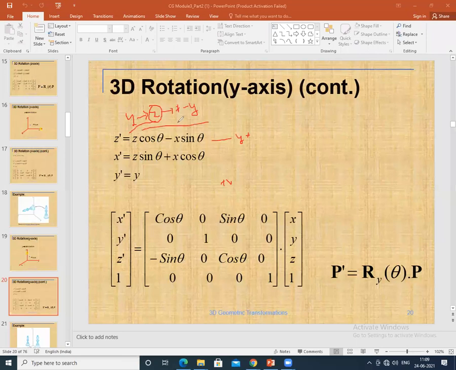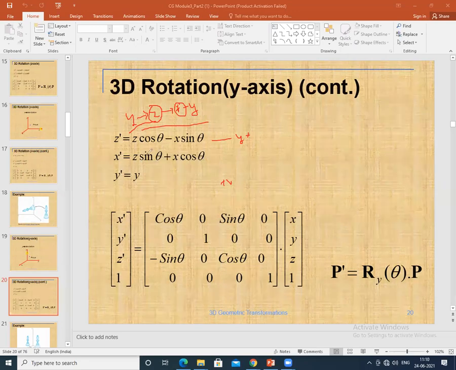Similarly, x is equal to z sin theta plus x cos theta. Got it? So again, x bar equals z sin theta plus x cos theta.